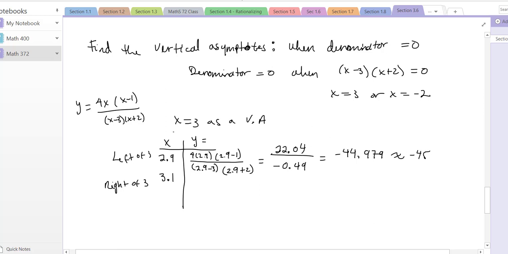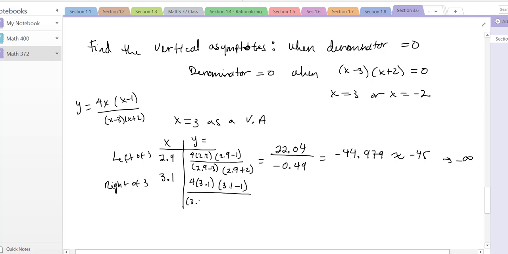So as x goes to 3 from the left, notice that the y values are going towards a large negative number. If you do 2.99, 2.999, they're going to get even lower. So it's going to be going towards negative infinity. And to the right of 3, if you do the same thing, you'll have 4 times 3.1, 3.1 minus 1. Notice that all of these are positive.